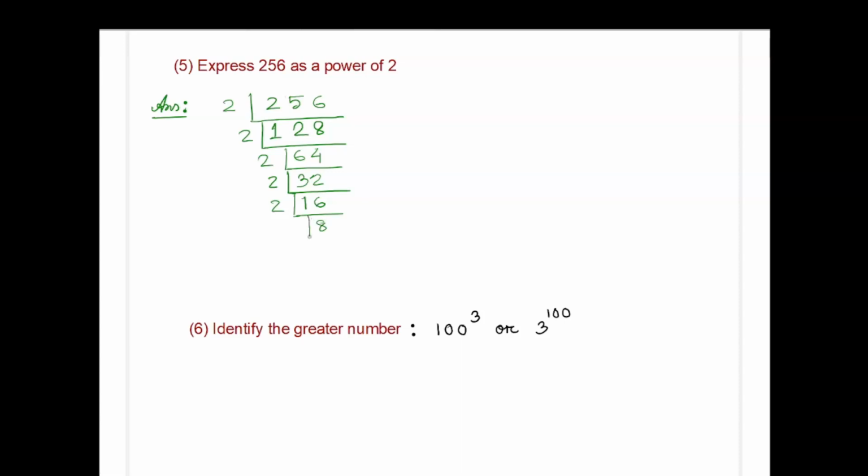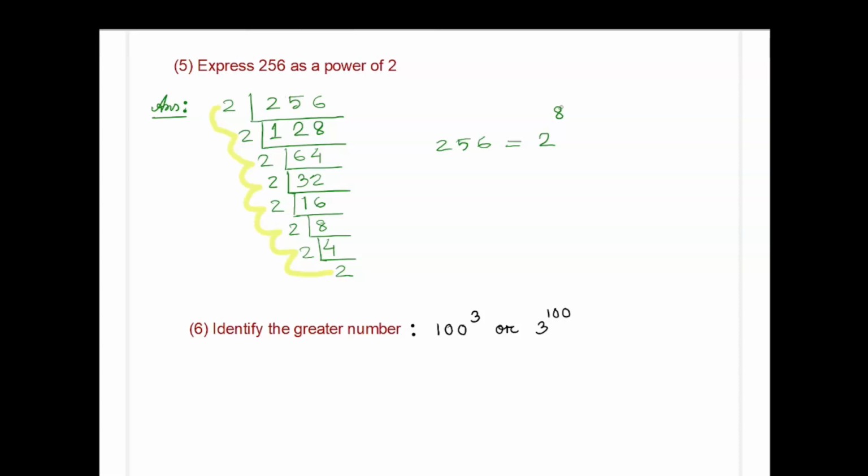Now see, how many 2s are here? We have to count. 1, 2, 3, 4, 5, 6, 7, 8. So 256 can be written as 2 to the power 8.